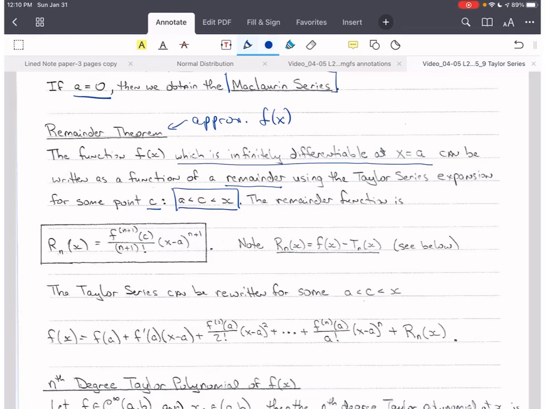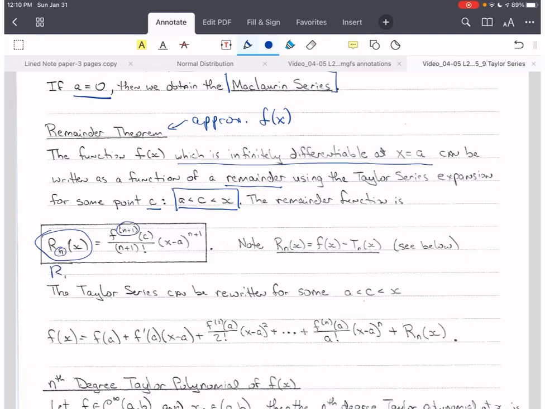Okay? So we write the remainder as R sub n of x. And there's different ways to write this, so I've chosen what I think is the least confusing, but you could use n minus 1 or n plus 1 as this, as long as you've defined it, okay? But the convention is n here, n plus 1 here.